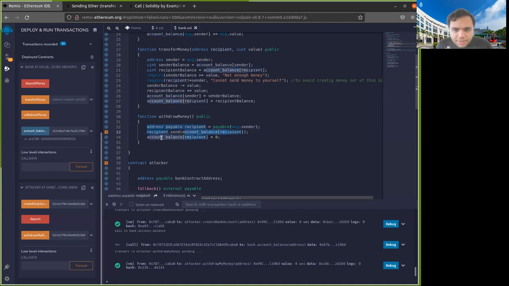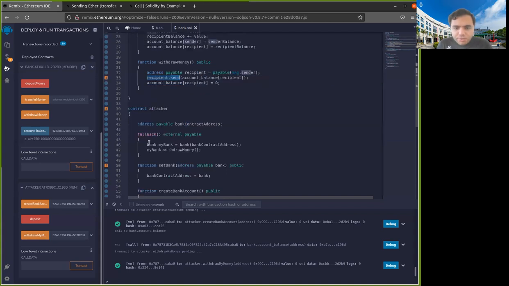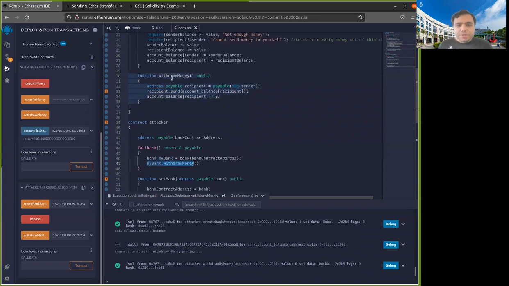But before it sets my account balance to 0, because this send function calls my fallback function, I will make another call to withdraw money. And so I will get back here and it will send me another 1 Ether. But still my balance is not set to 0, right? It sends me the 1 Ether, and again, the send calls my fallback function. So this goes on forever.